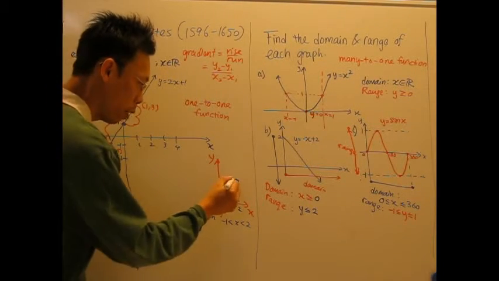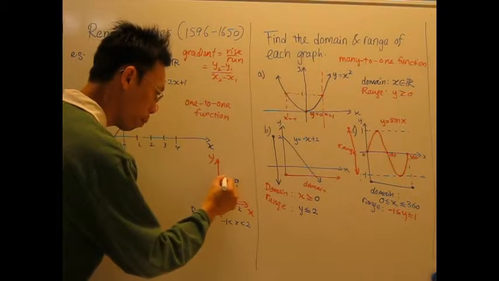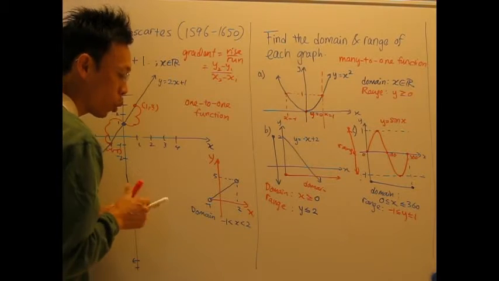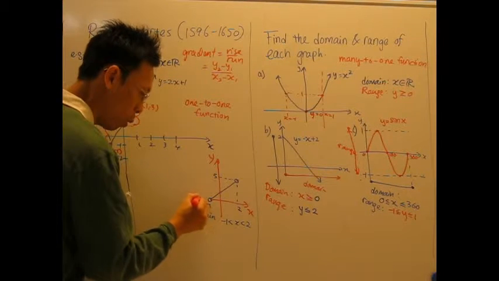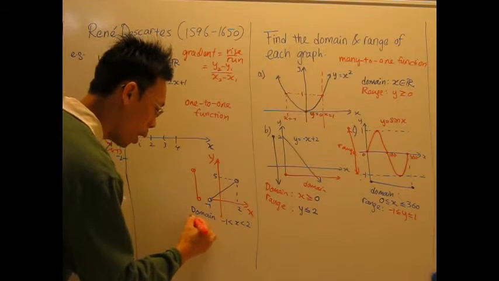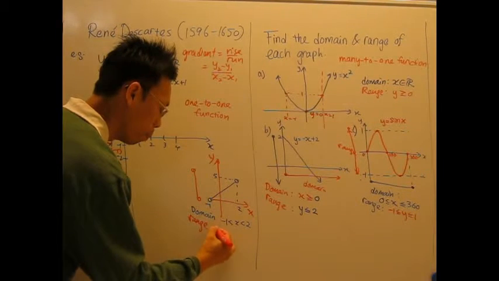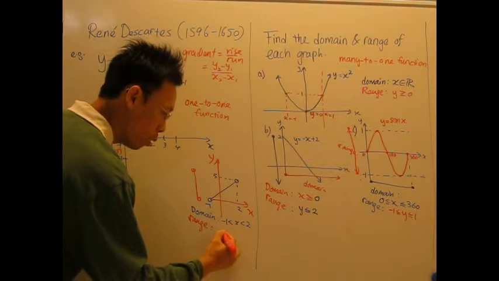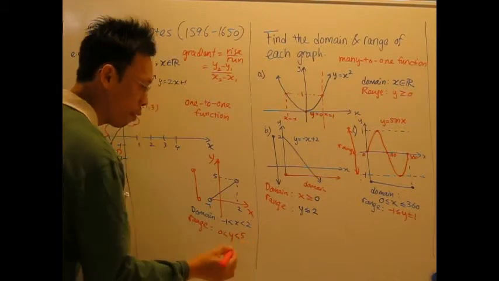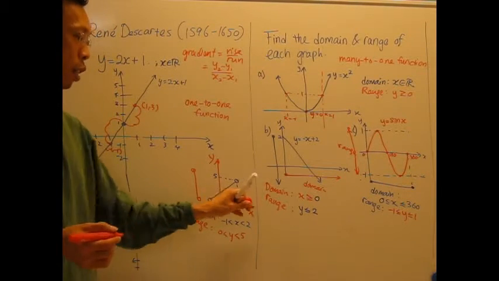And if here is 5, then the range will be open circle to open circle, so the range in this case will become greater than 0 but less than 5. That would be the range, and that's the domain.